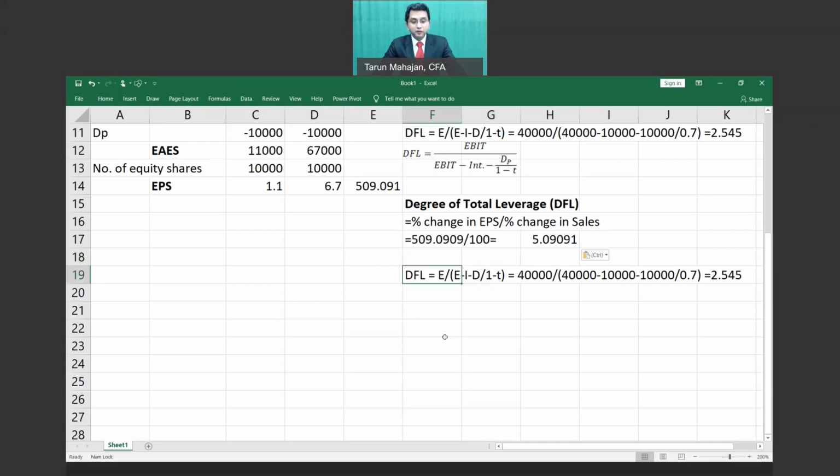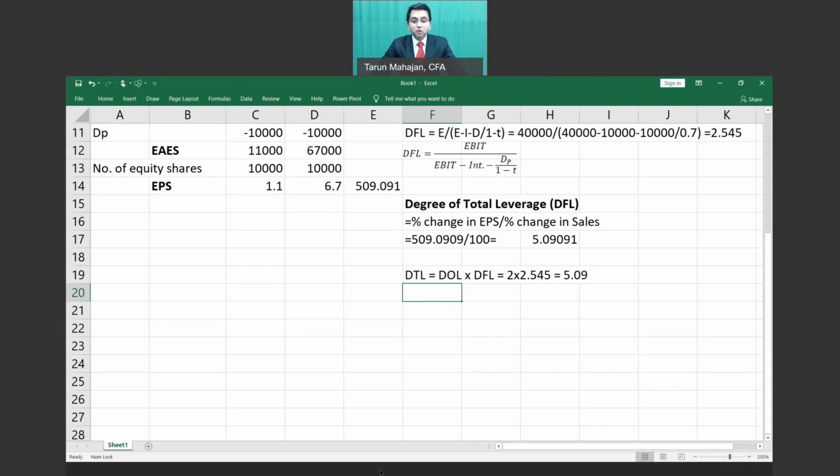One of the shortcut formulas for DTL can be DOL multiplied by DFL. In this case, DOL is 2 times 2.545. That will give you 5.09. This is the shortcut formula for DTL.